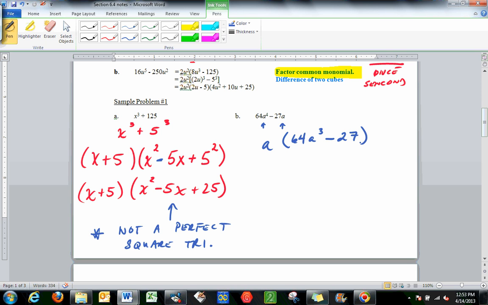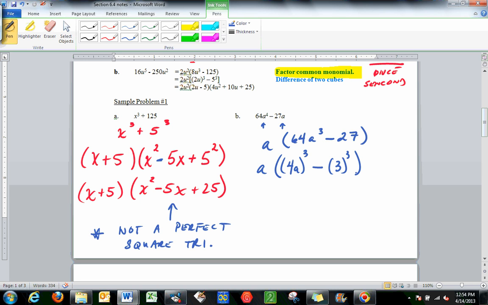Now, if we recall our perfect cubes, we know that 64 is a perfect cube and 27 is a perfect cube. So I want to go ahead and write it in its cube form, kind of like we did over here with 5 to the third. So I'm going to rewrite this. And so this is basically like saying 4a to the third power, and this is 3 to the third power.